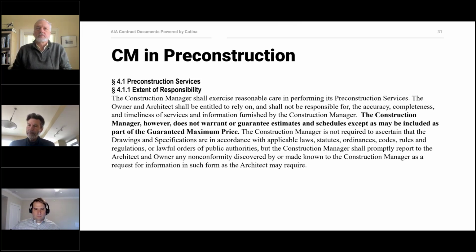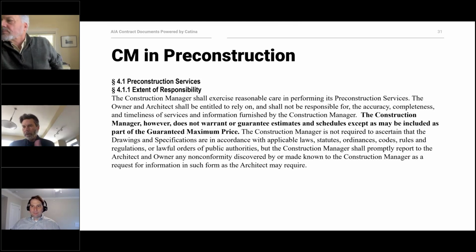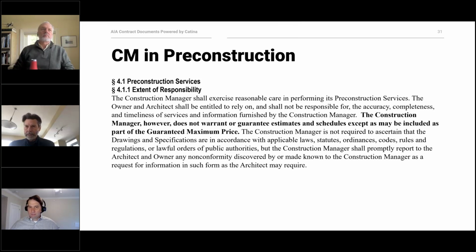So many of the changes we've attempted in this document are meant to make it possible, and perhaps provide incentives, for the parties to work more closely together and to communicate more thoroughly with one another. But that's not to say that their roles are drastically altered from traditional delivery approaches. The PowerPoint in front of you reinforces that.